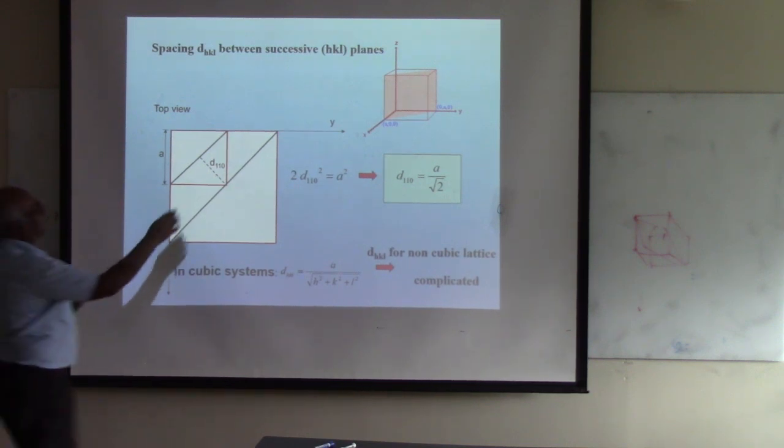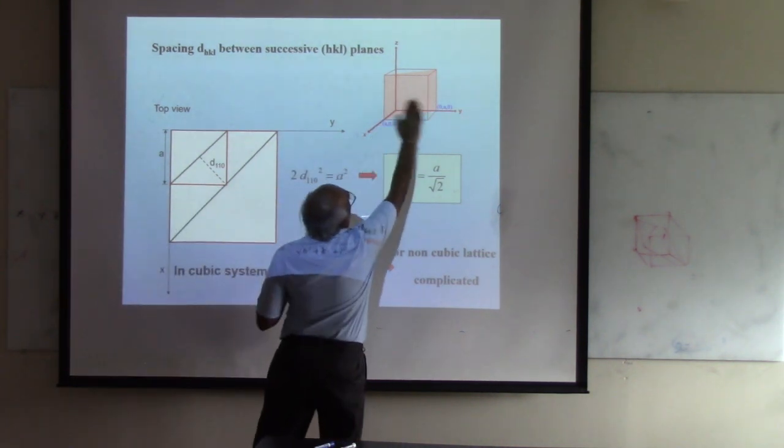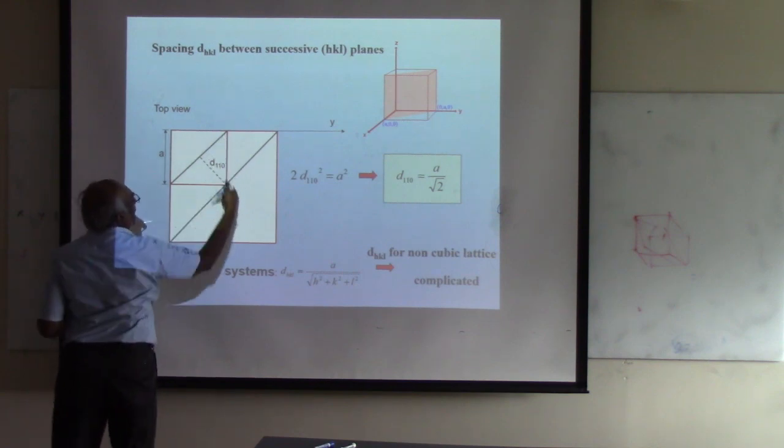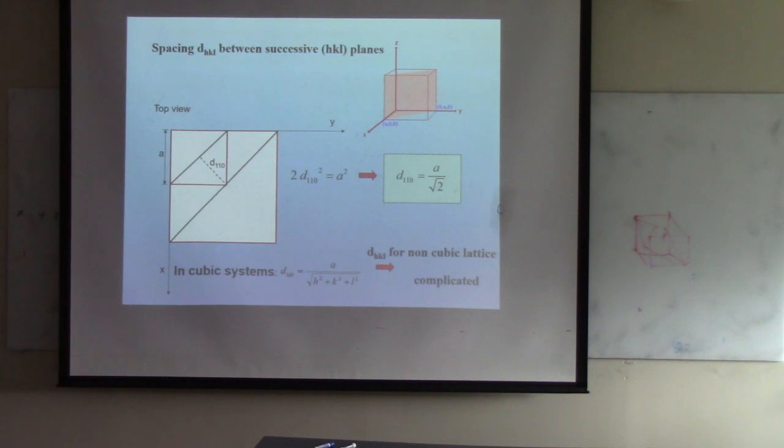Everybody agree this is the plane of 110? So this distance, this is A, this is 45 degrees, so this is A cosine 45. A times cosine 45 means 1 over square root of 2, so A over square root of 2. That is D110. So that's directly how you can calculate it.